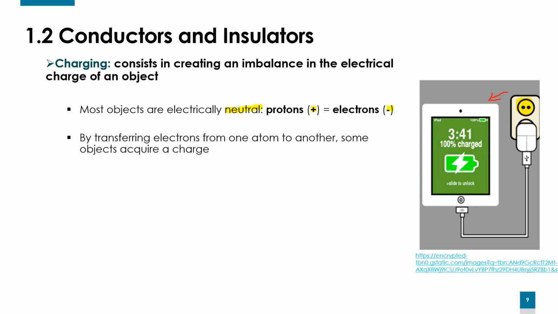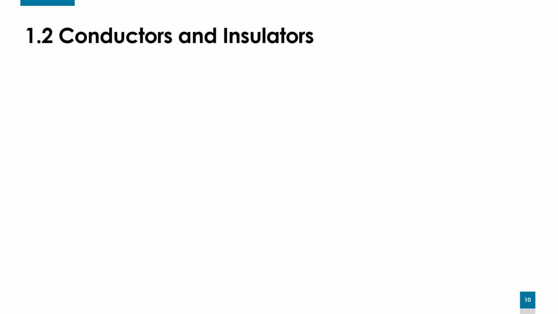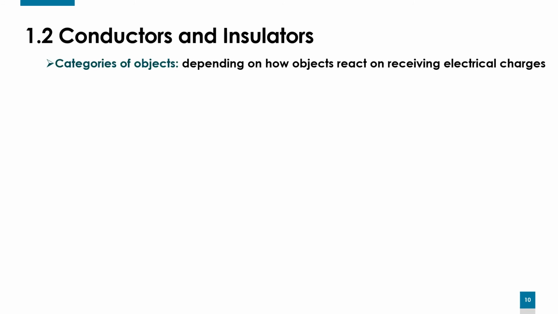So if I transfer electrons, I'm gonna be negatively charged. If I transfer protons, I'm gonna be positively charged. The overall is gonna be neutral. Some substances make this transfer easier and some not so easy. So it depends on how objects receive electrical charge.